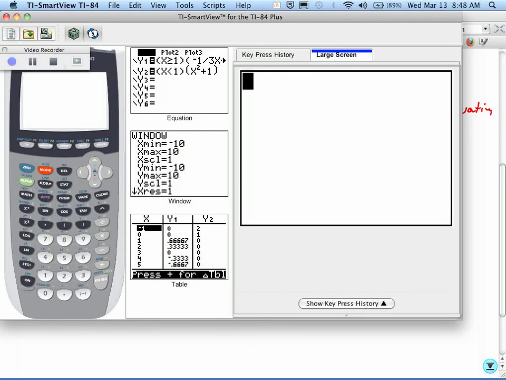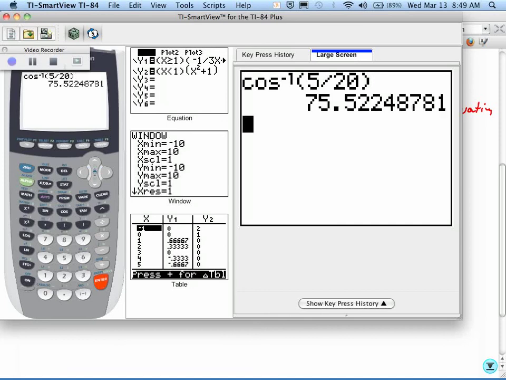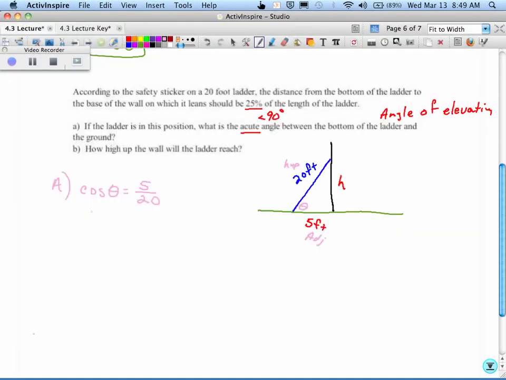So we're going to hit second cosine of 5 divided by 20. We get about 75.5 degrees. So to get rid of it, we did the cosine inverse on both sides. Now theta is by itself.